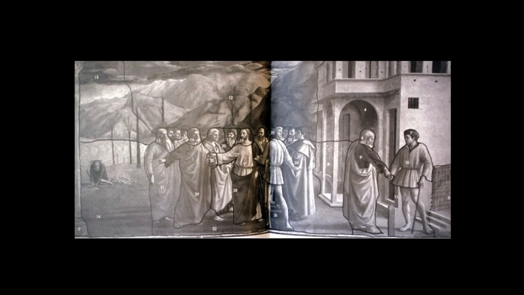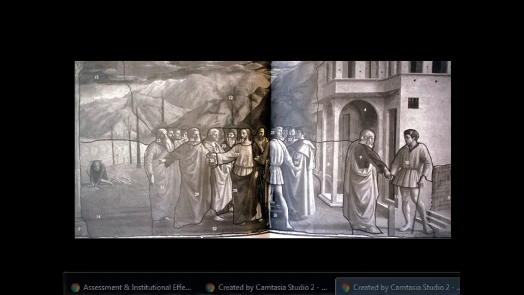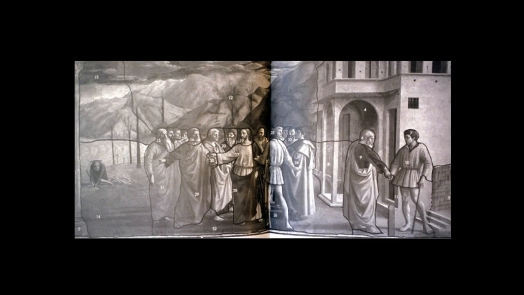As we return to The Tribute Money, I don't want to raise the idea that by far Masaccio is the man. A re-examination of The Tribute Money gives us an excellent example of their collaboration within a piece as opposed to within a chapel. What we're looking at here in this black and white view is a breakdown of the giornata of this painting.